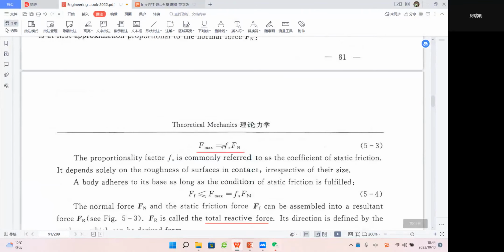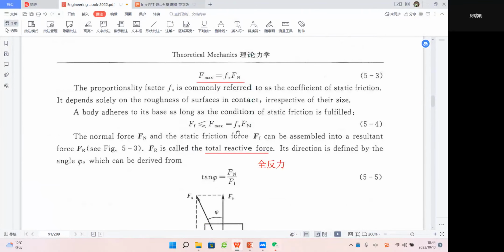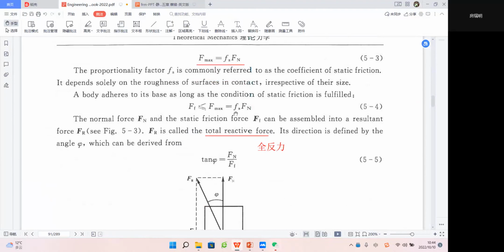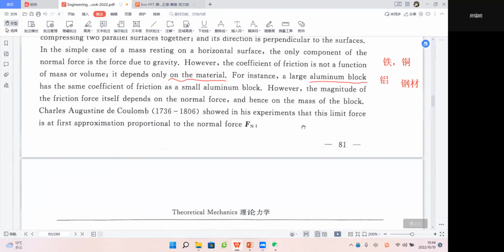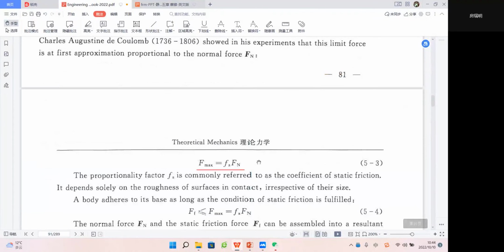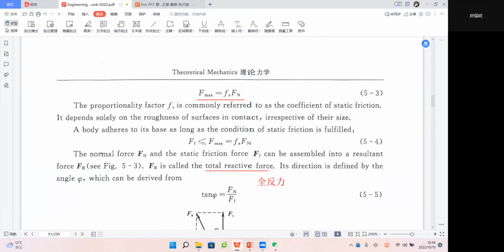But this Fs, actually, it is the coefficient. It depends only on the type of material, you know, the type of material. So this is the so-called theory of sliding friction force.